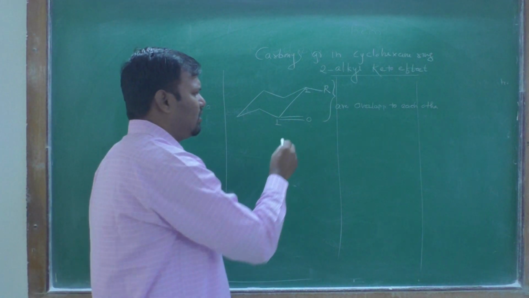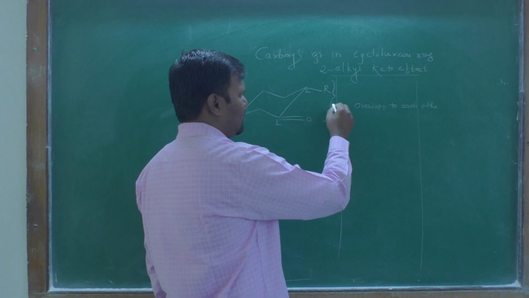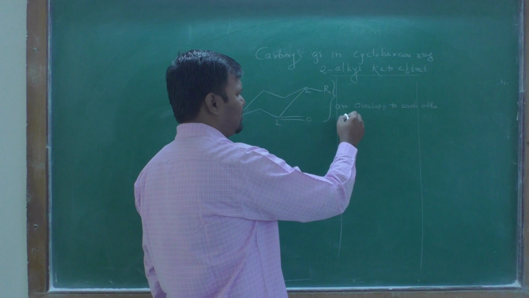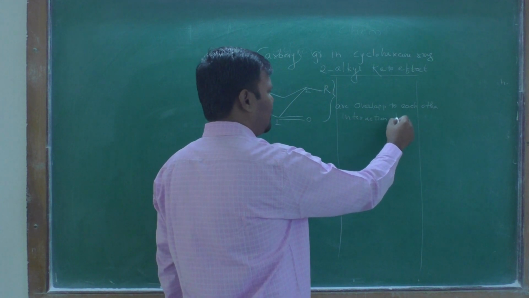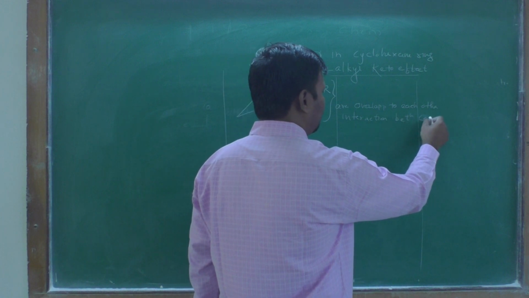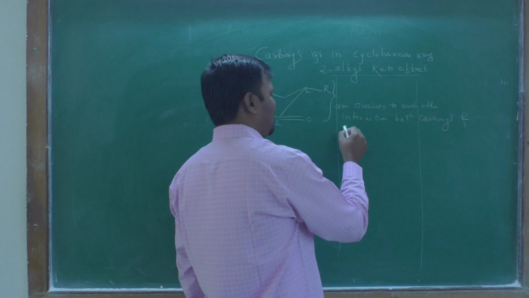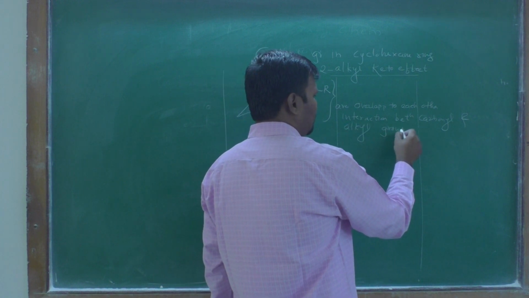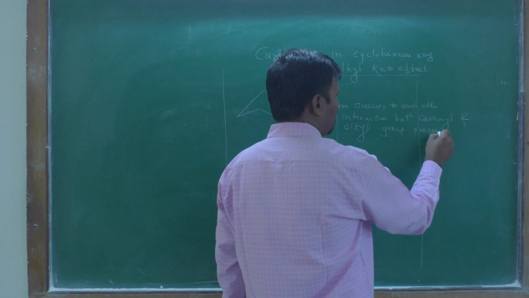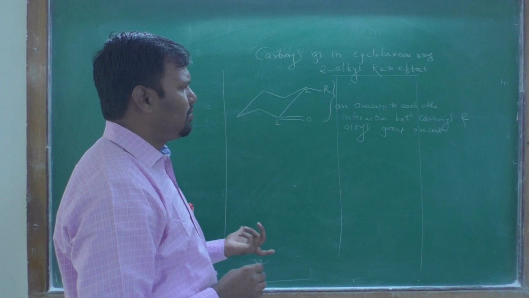Therefore, an interaction between this R and the carbonyl group is present there, the interaction between carbonyl and alkyl groups, due to this perfect overlap.